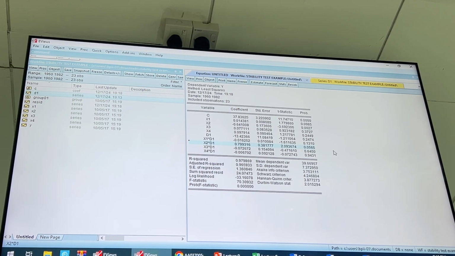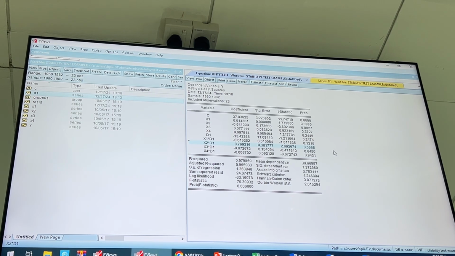Based on this result, at least we get some idea that maybe the parameter that is most unstable before and after is the slope for x2. Okay, the slope for x2.